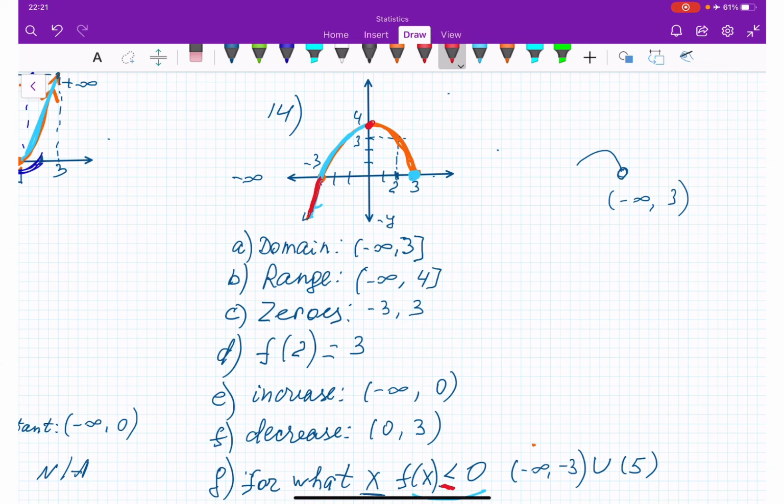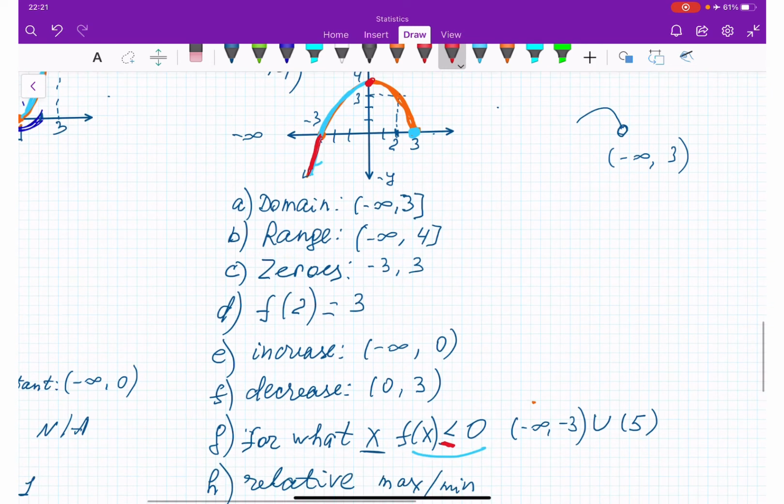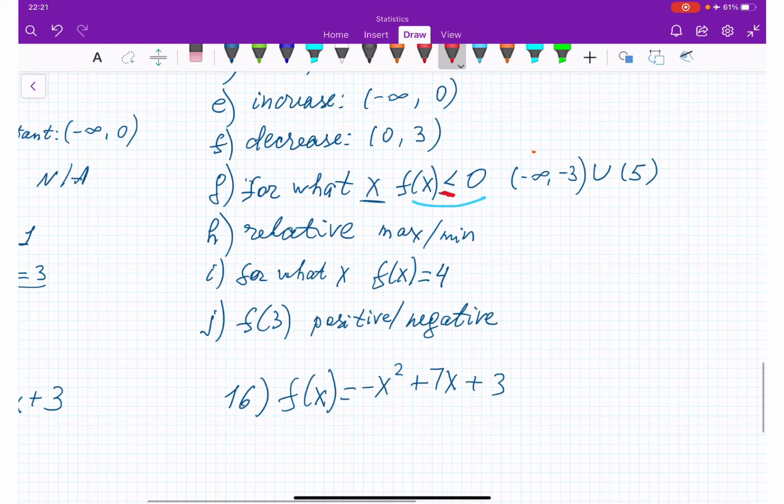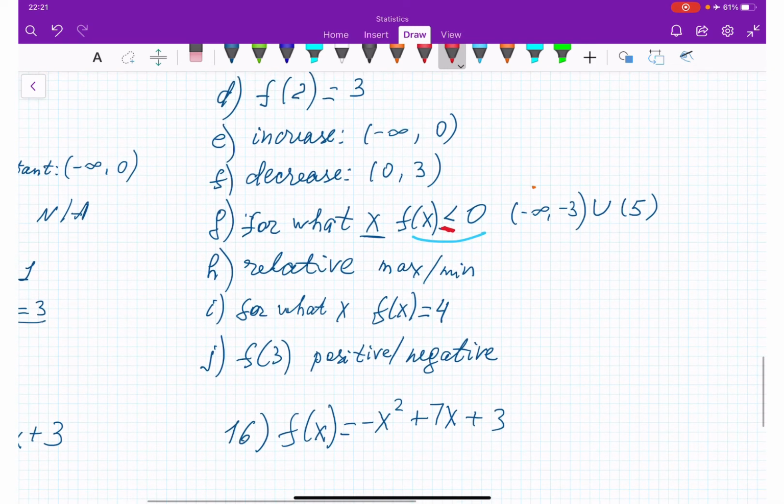And it is going to be at what point? What do you think? X is equal 0. So we have a maximum at the point x is equal 0.